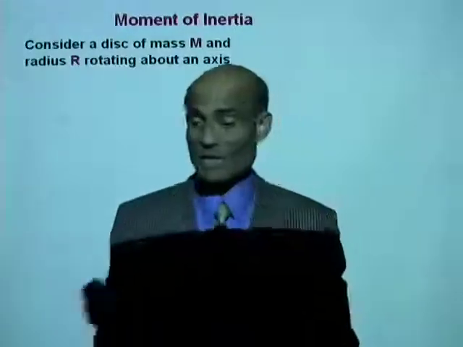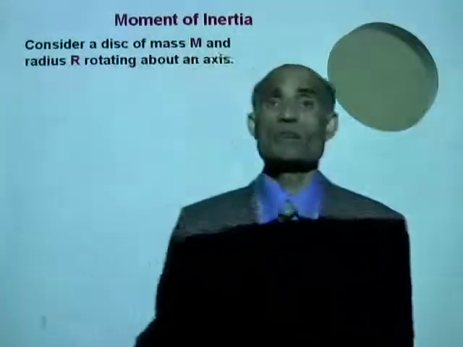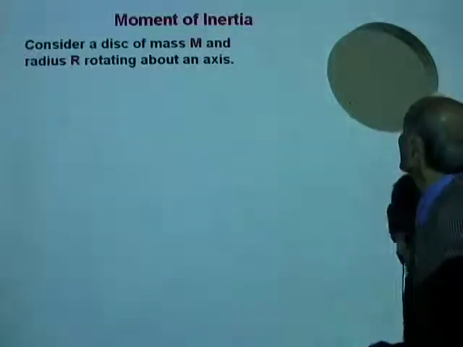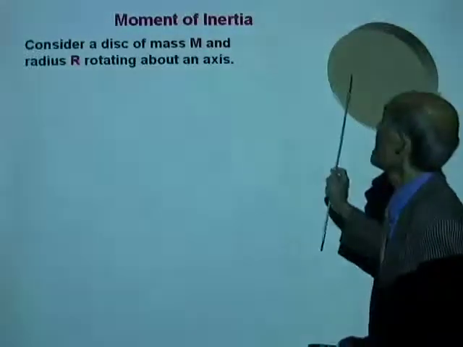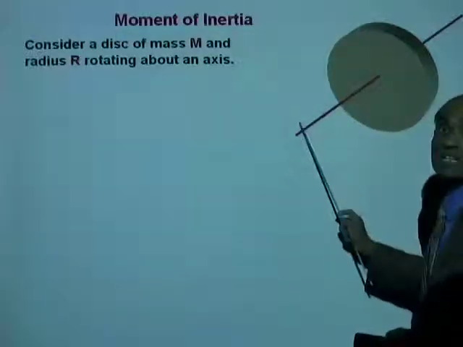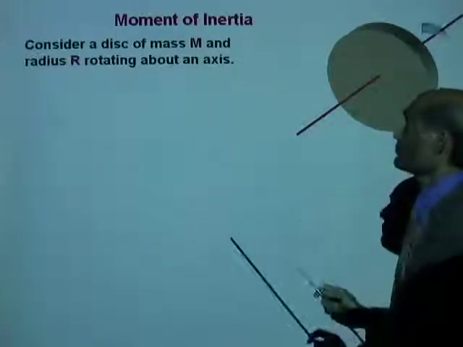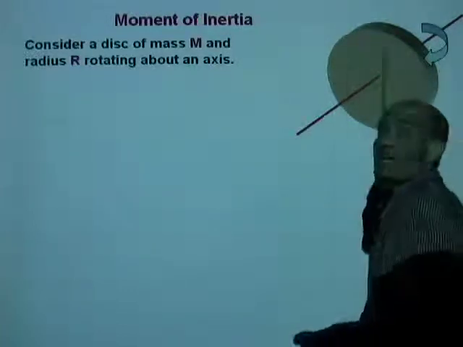Alright, let's look at that in a little more detail. Now, here is the disc that I have just been showing you. Consider a disc of mass m and radius r rotating about an axis. So the disc is rotating about an axis.